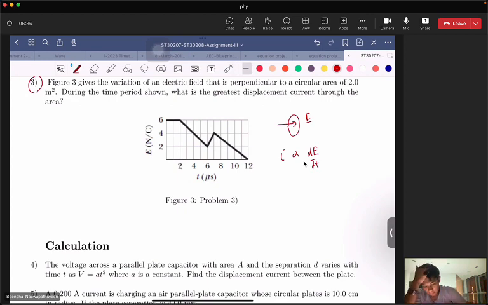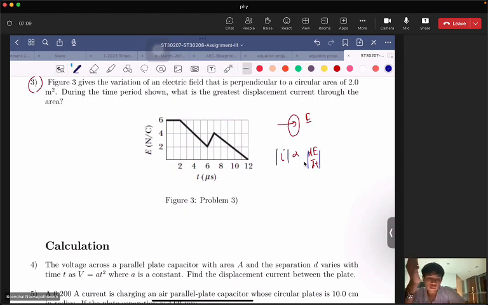To choose this, I don't think the question is focusing on the sign, so I guess it means the value, not caring about the direction. And from here, I just choose the one that has the high rate, the high slope.